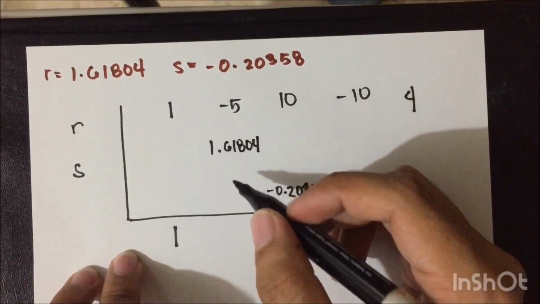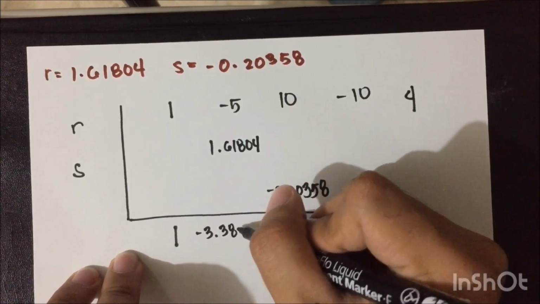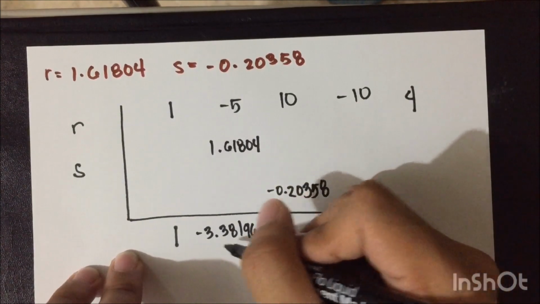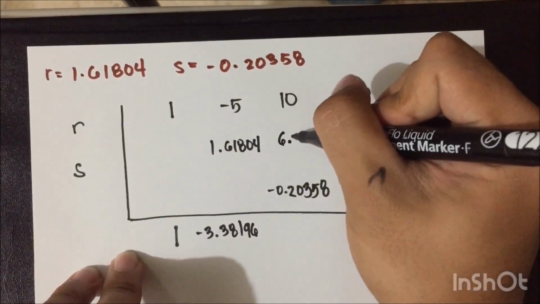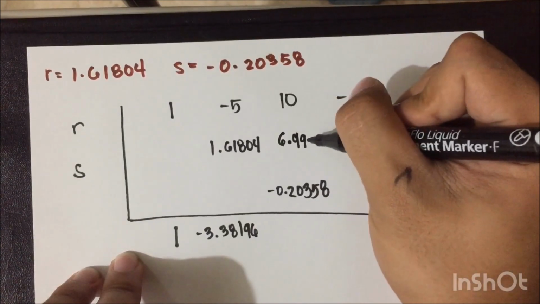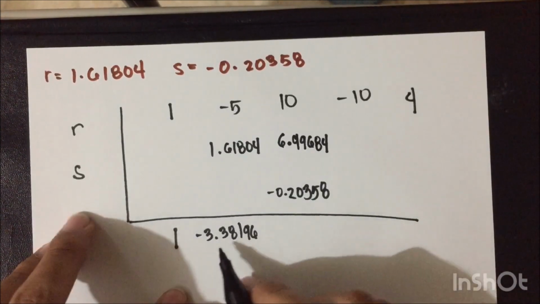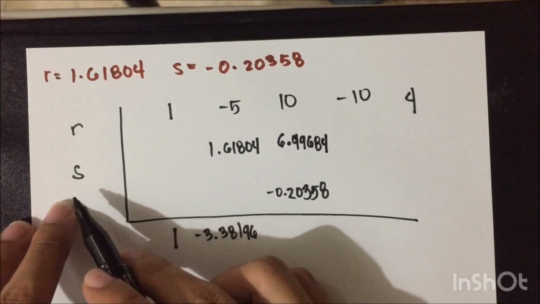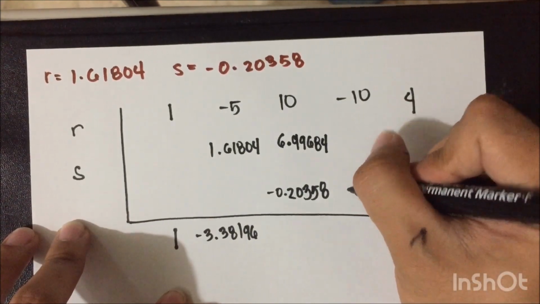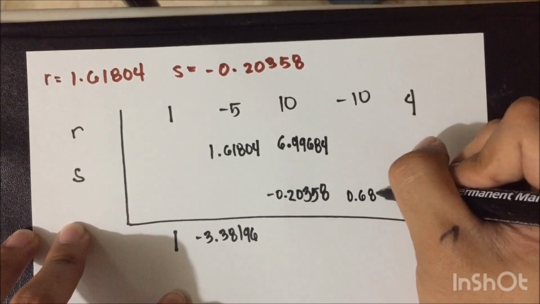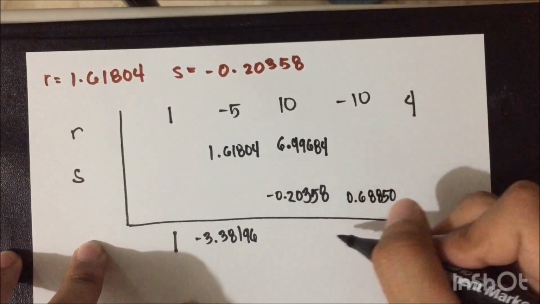So, ang sum neto is negative 3.38196 times value ng ating R is 6.99684. Then, negative 3.38196 times value ng S is equal to 0.68850.